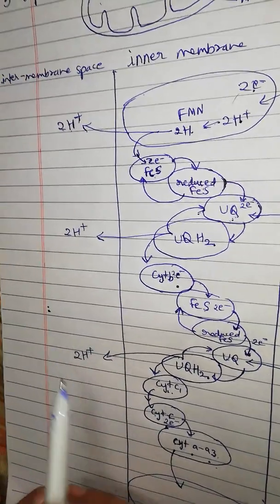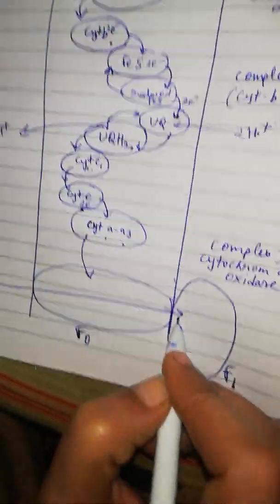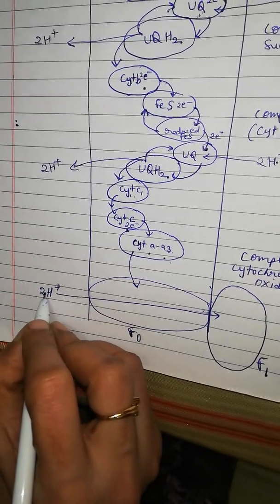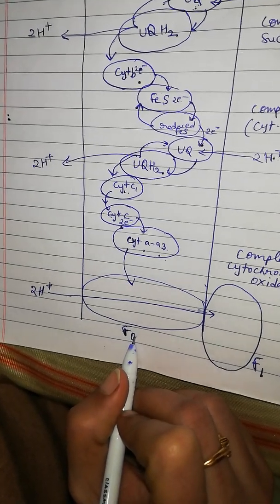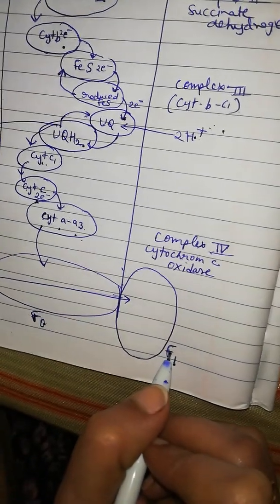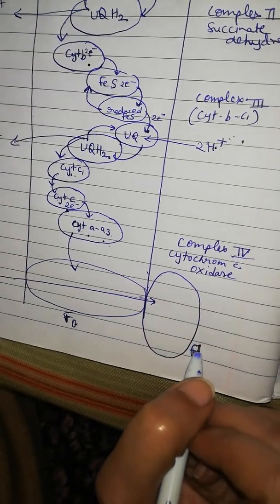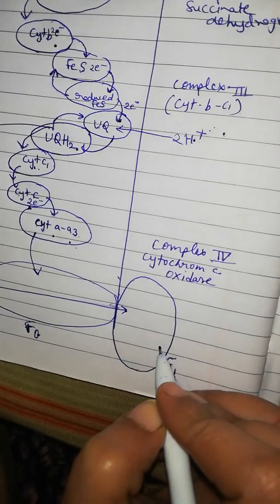This proton gradient needs to be broken down. So this breakdown of the proton gradient is done by the ATP synthase enzyme. These hydrogen ions are transferred through the F0 unit to the F1 unit, and this transfer of hydrogen ions into the F1 unit causes a conformational change in F1.